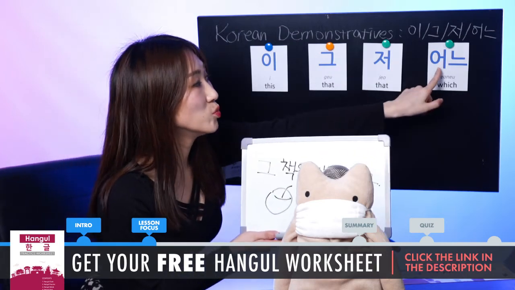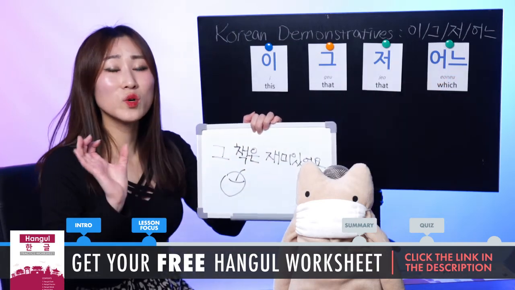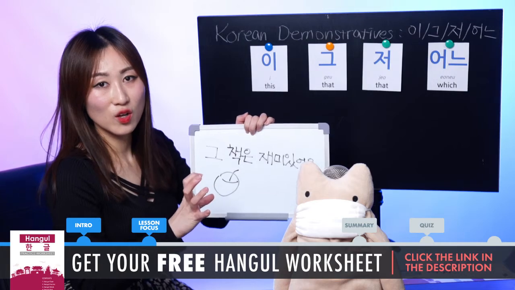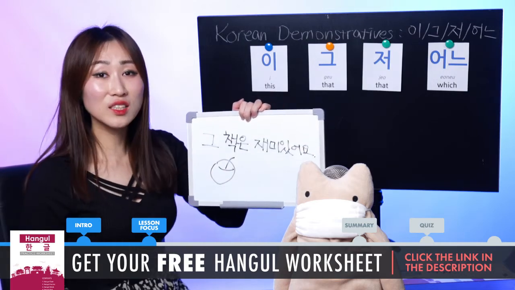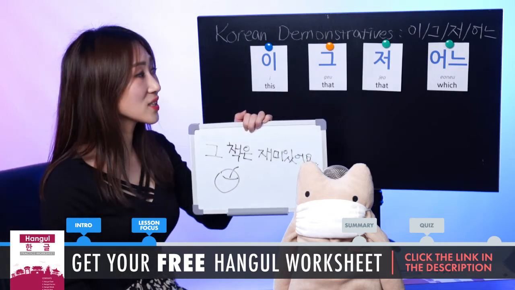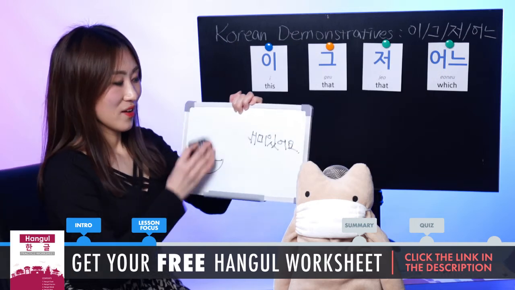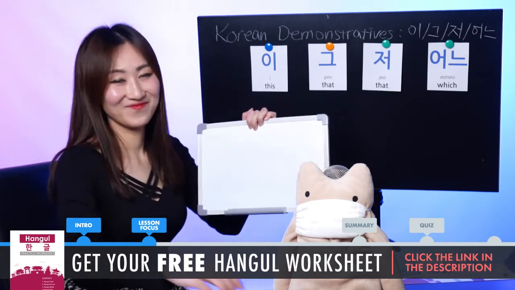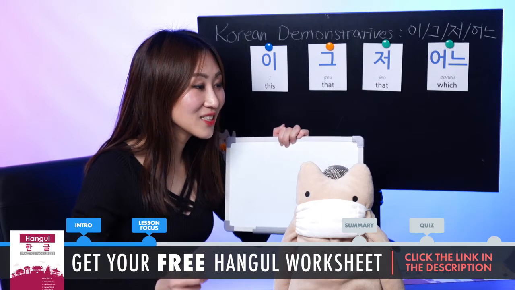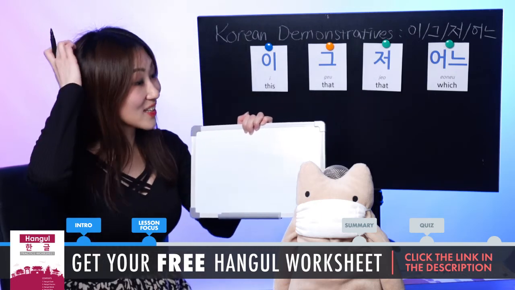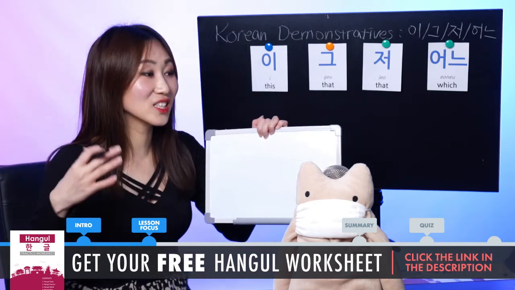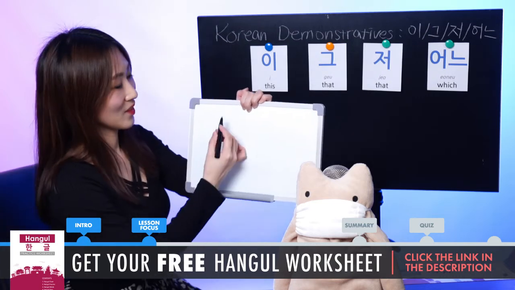Same. You put this word 어느 and always have to put something, which is 책. 어느 책 means which book. One tip.